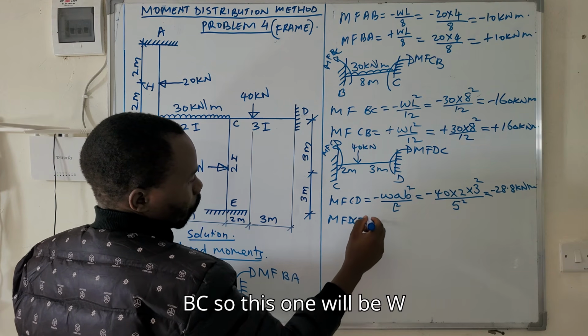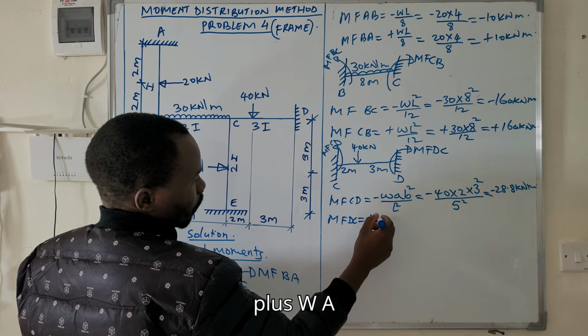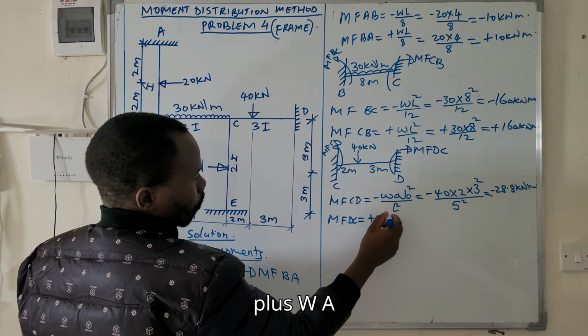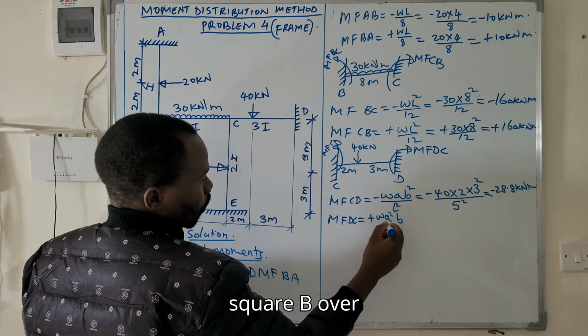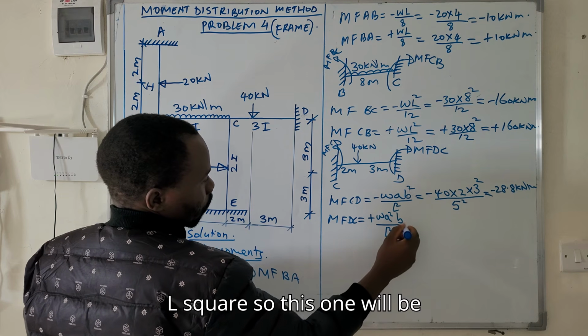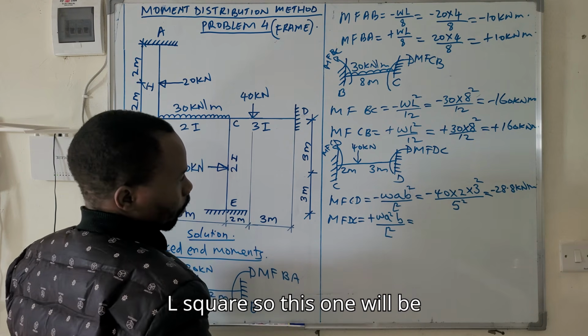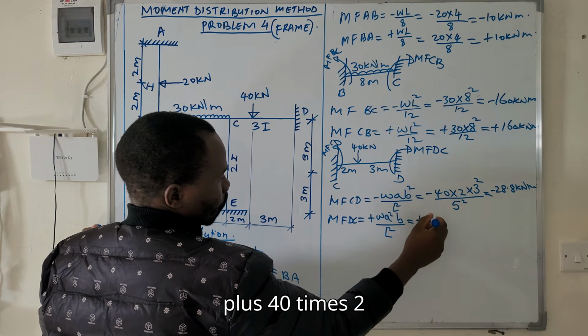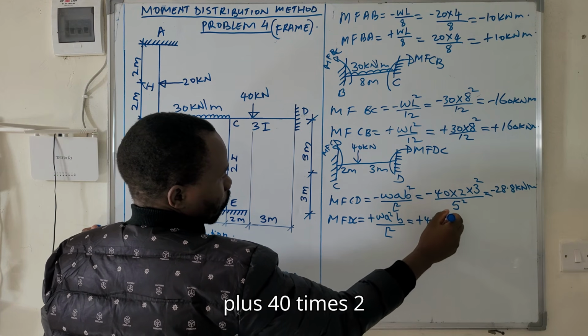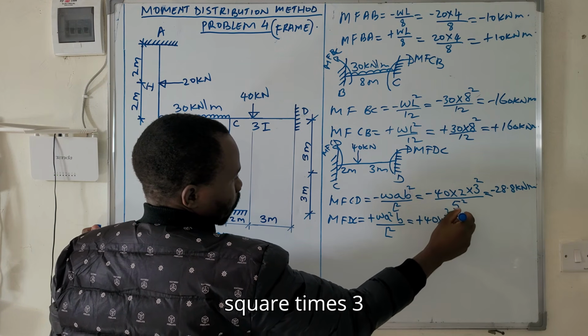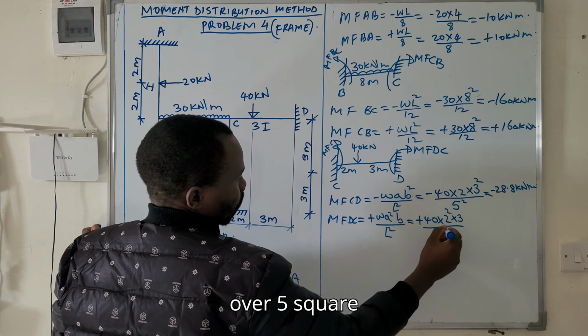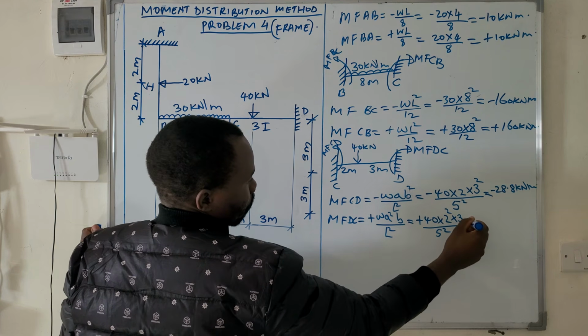We proceed to MFDC. So this one will be plus W A square B over L square. So this one will be plus 40 times 2 square times 3 over 5 square.